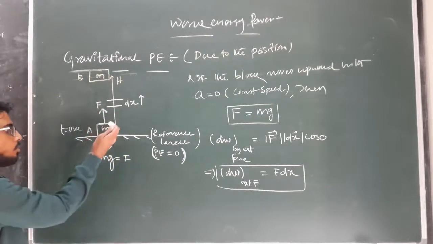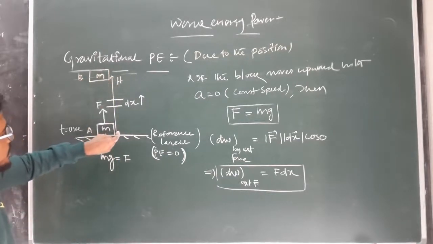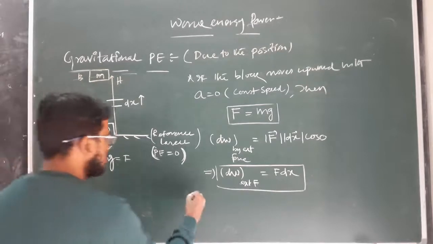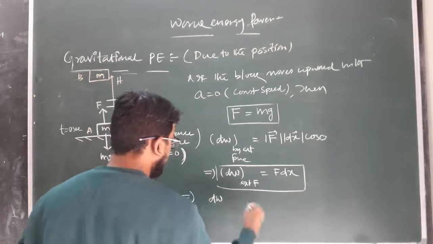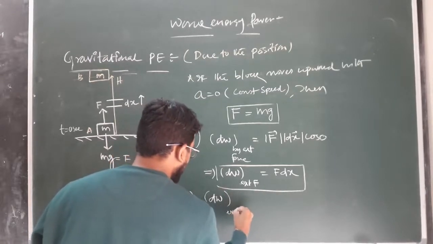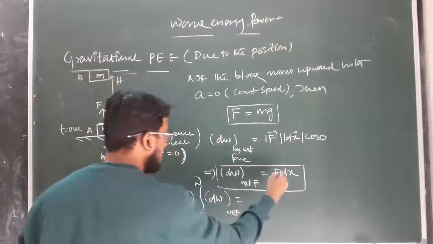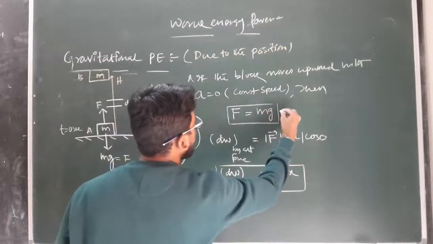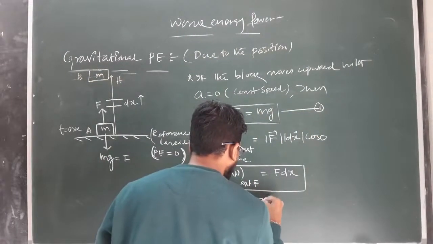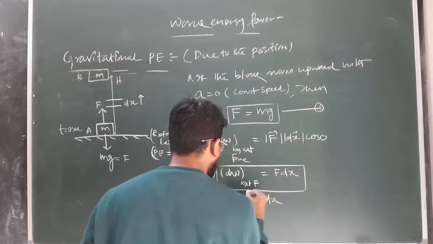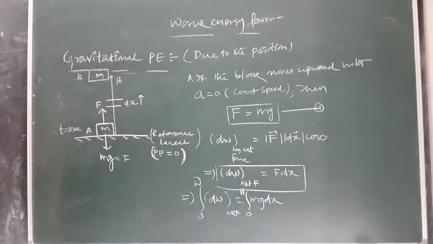So if you are considering the total amount of work done by displacing the block from height 0 to h, the total amount of work done will be how much? Integration of dW due to the external force, where F is equivalent to mg, because the block is moving with 0 acceleration, so I can write m into g into dx. And what is the value of displacement? The limit varies from 0 to capital H. Clear?